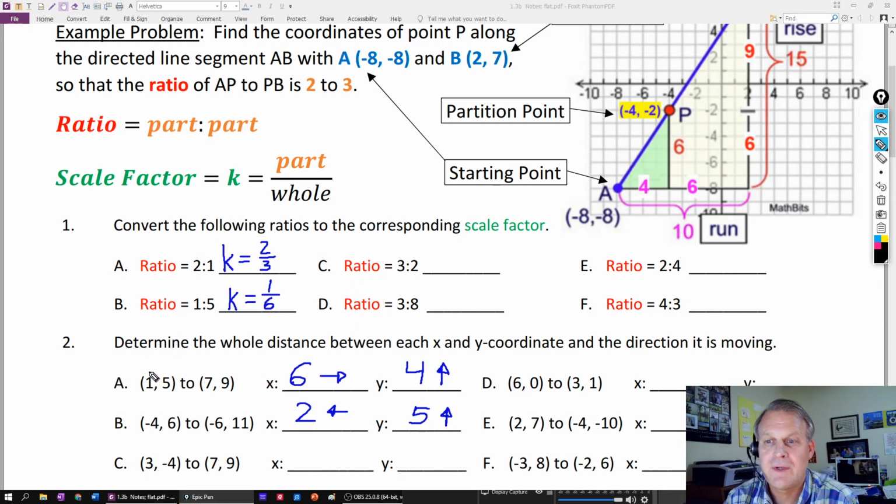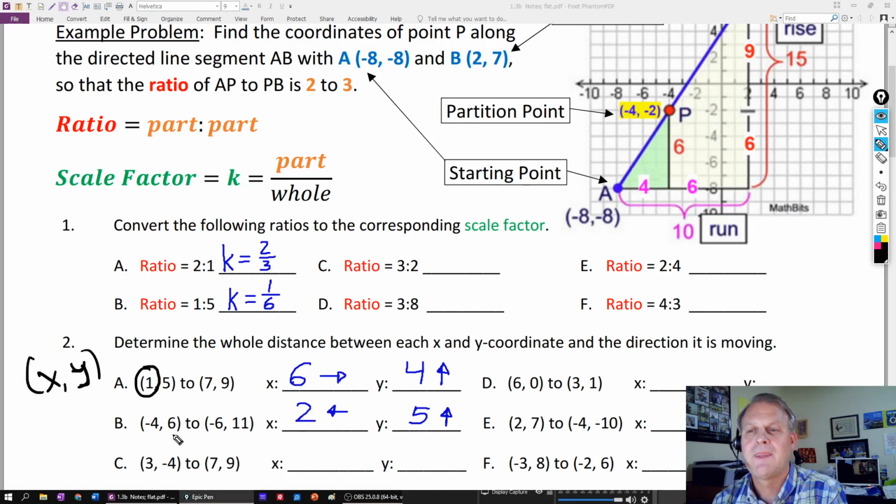All right, so here we go. Let's look at the x-coordinate. Of course you know that when we have a coordinate pair, it's always x comma y. So we're starting at x sub 1 is 1, and x sub 2 is 7. When we go from 1 to 7 in the x-coordinate, first of all, what direction are we going?